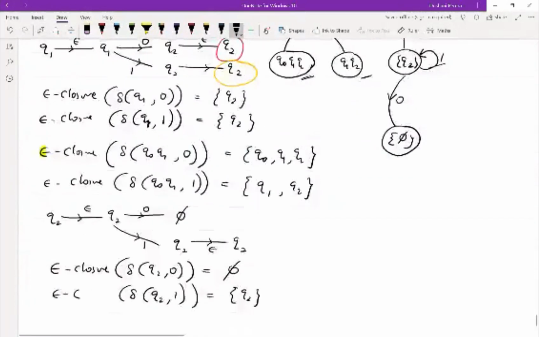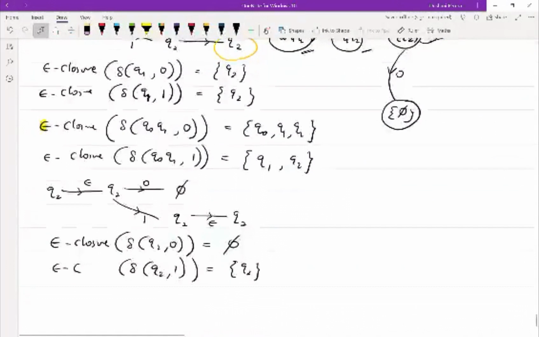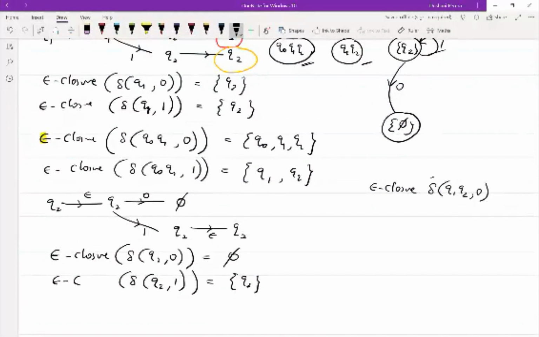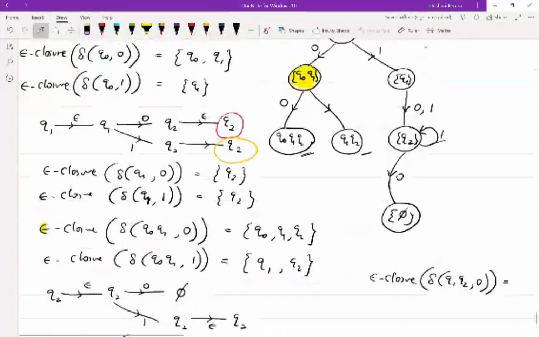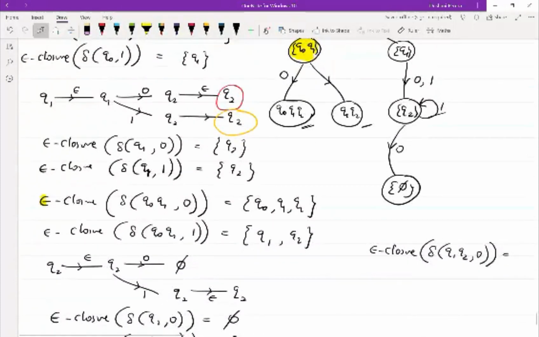I'll do it here. Q1, Q2, epsilon closure of delta Q1, Q2 upon seeing symbol 0. What happens? Now I'll have to get the union of answers. When I give 0 to Q1, I go to Q2.